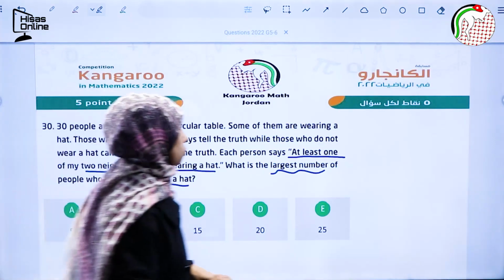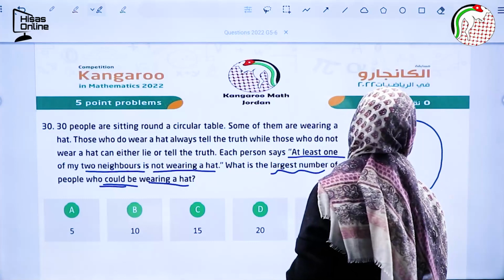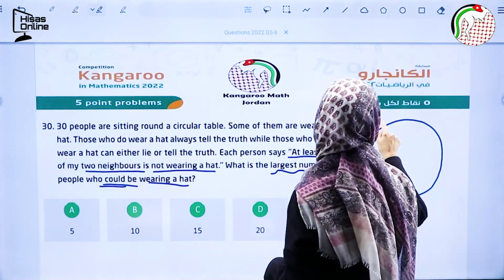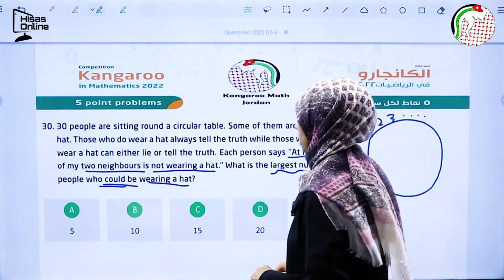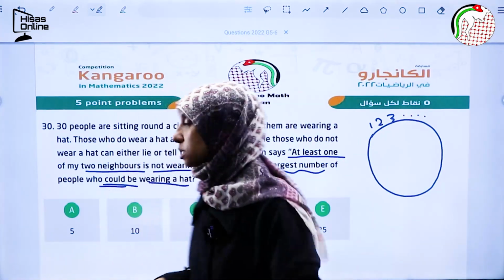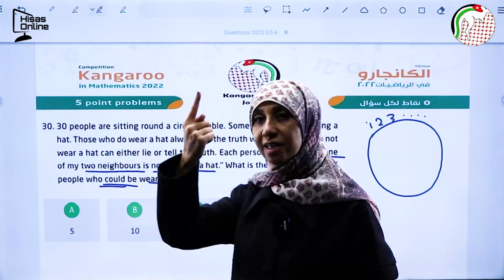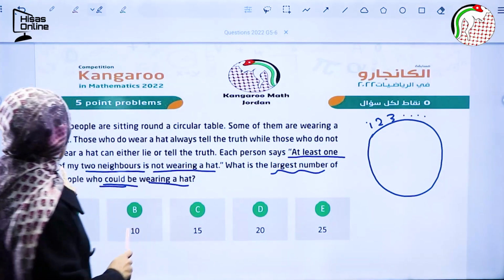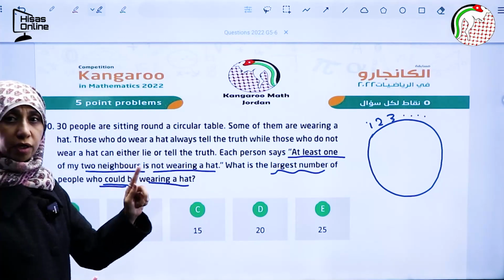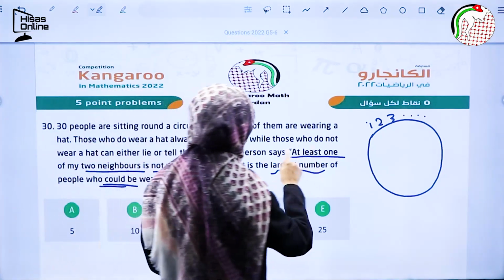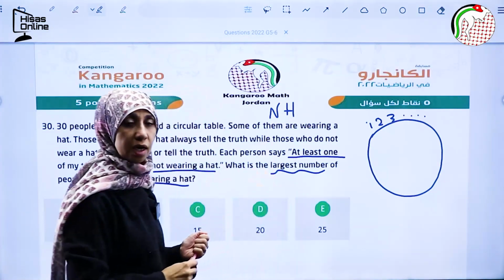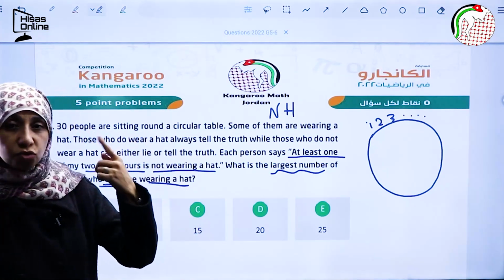So, around the table, they start, for example, by number 1, 2, 3, and so forth. Now, each one said at least one of my two neighbors is not wearing a hat. So, if we assume that N means not wearing and H means wearing the hat, each one said at least one.